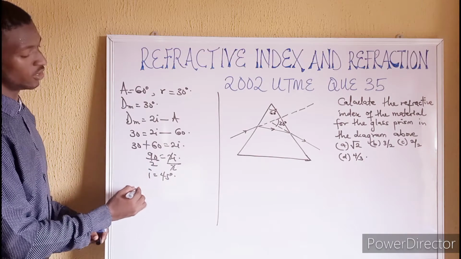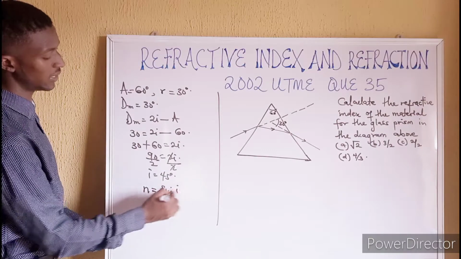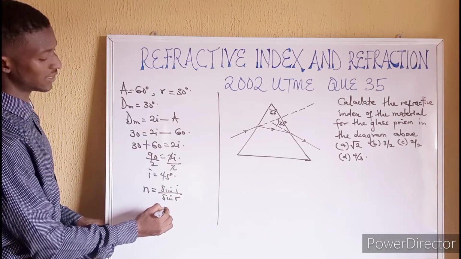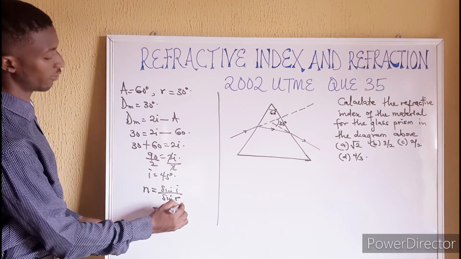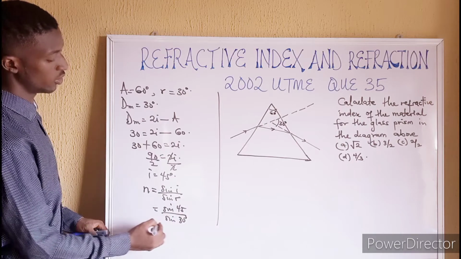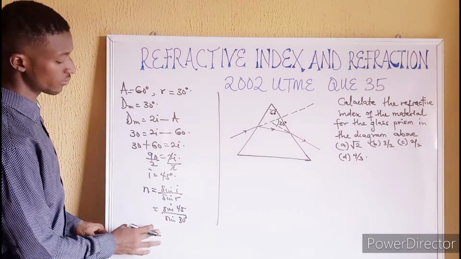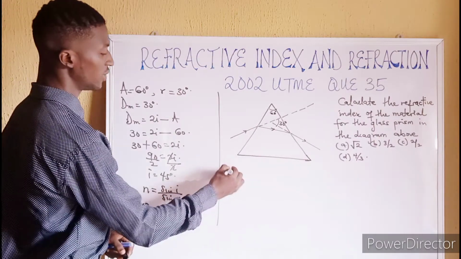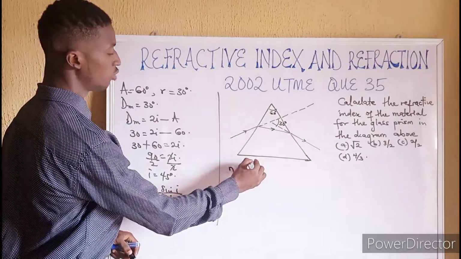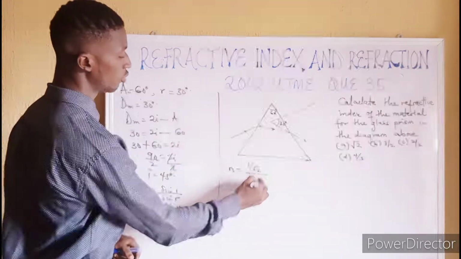When we use it that the refractive index equals sine of angle of incident over sine of angle of refraction, the angle of incident is 45 degree, and our angle of refraction is 30 degree. So here our refractive index will be taken as sine of angle 45, which is 1 over root 2, and the sine of angle 30 is 1 over 2.